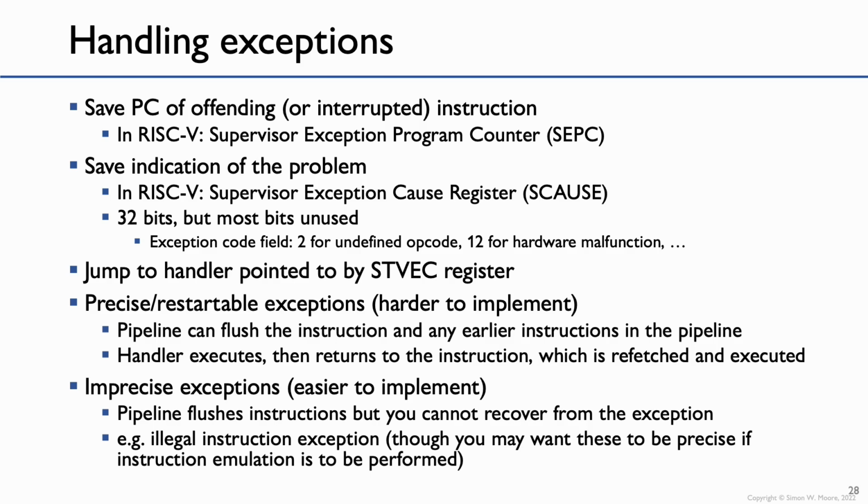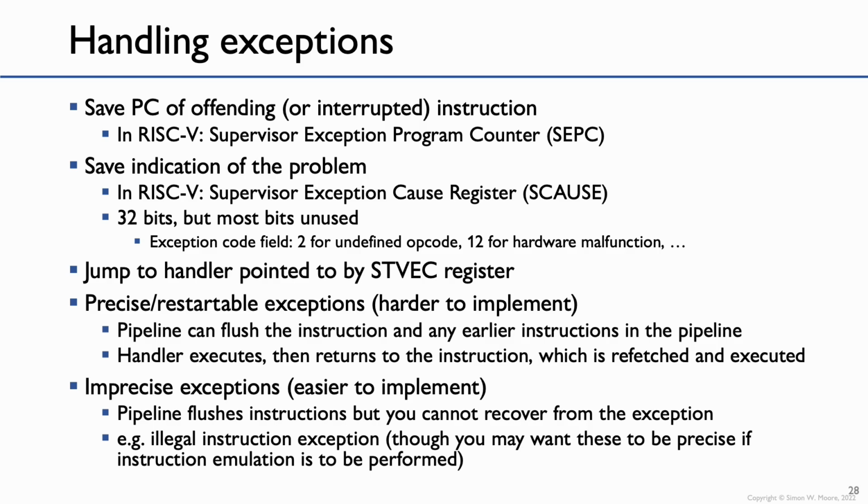As I said, when we talk about virtual memory in a later lecture, a load or a store that refers to some memory that's not in our virtual address space will need to cause a precise exception, because the operating system needs to set that memory up and then restart the application.